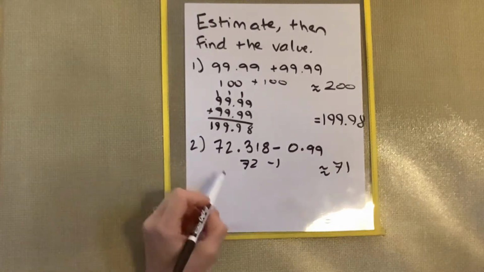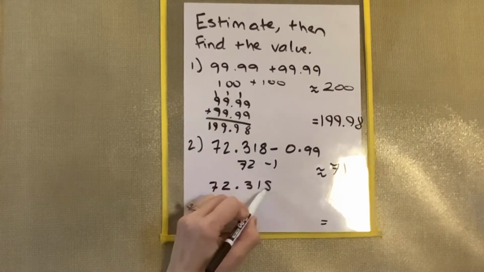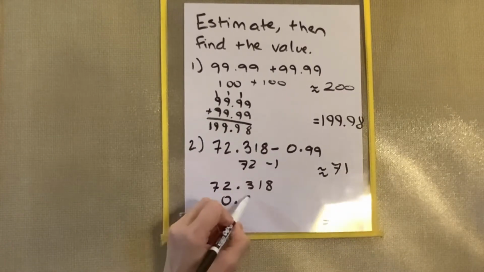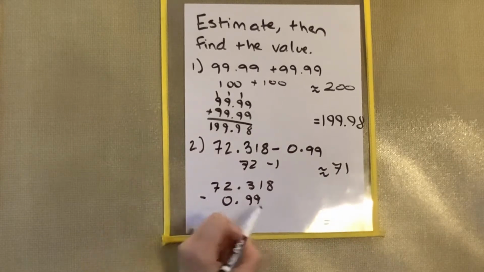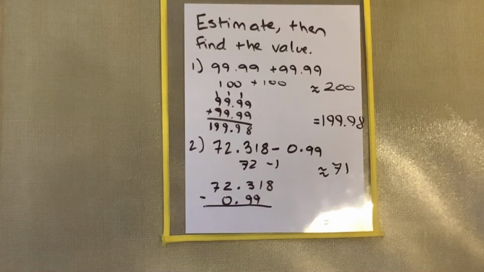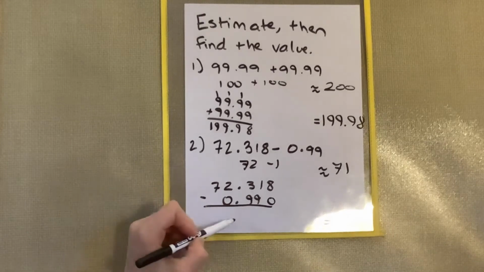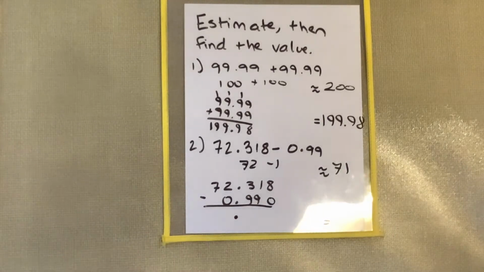So now, as we're finding that exact answer, remember, we have to line up our decimal points. So if we're doing this carefully, we're going to find that there's more digits up here. So what do we do? We add our 0 in order to make sure that we are keeping these aligned, and our answer should have that decimal point as well. From here, we just do our subtraction, right?